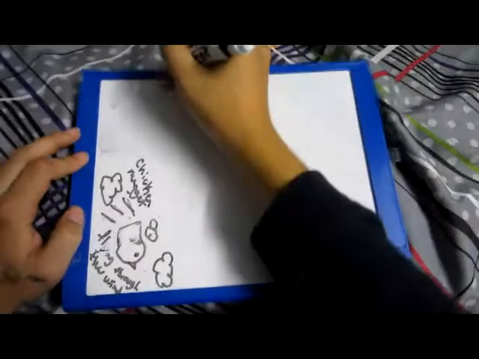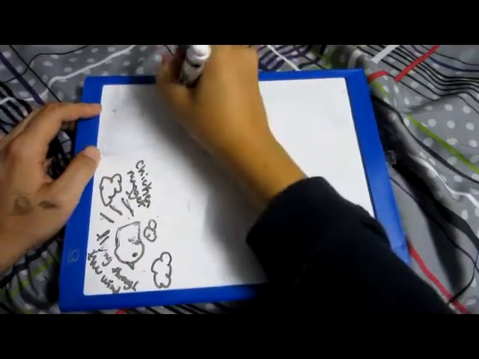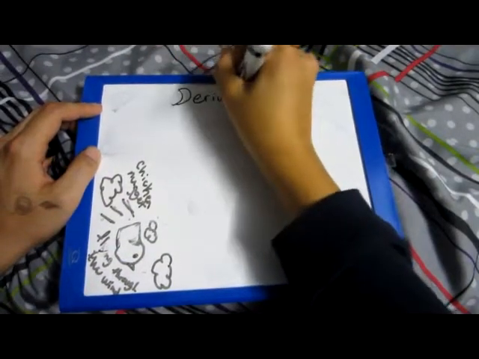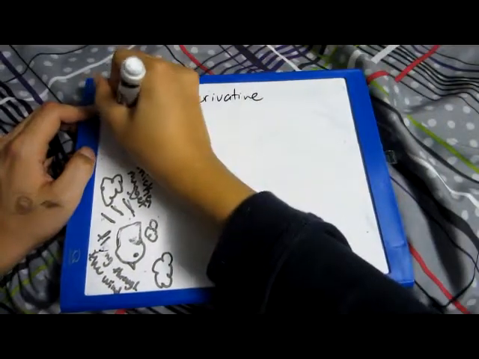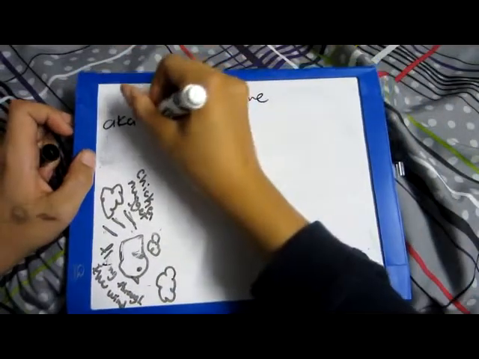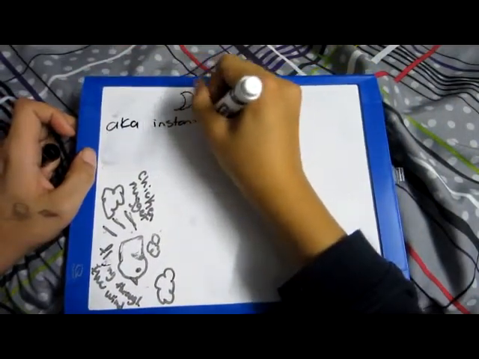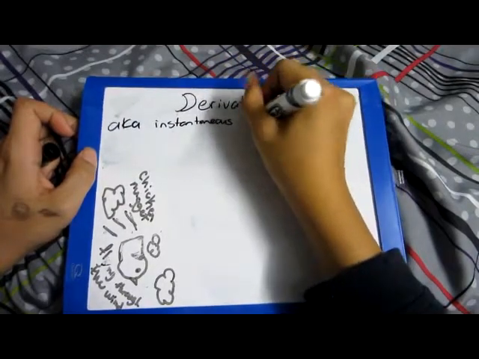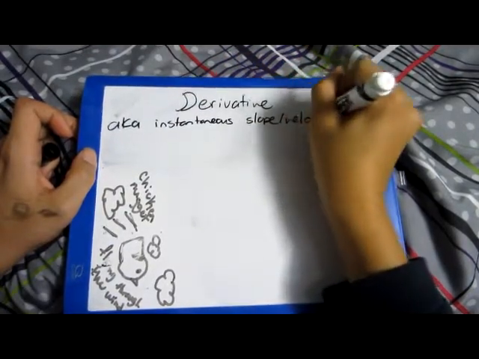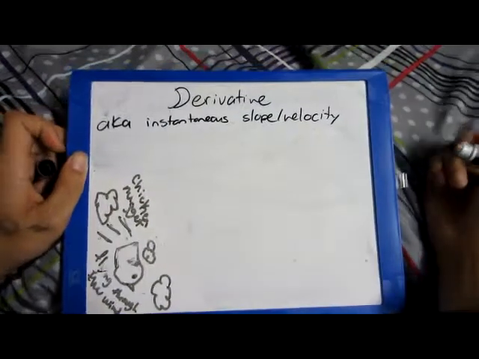Alright, now we're going to try to find a derivative of an equation given an x value. So derivative is basically instantaneous slope, or instantaneous velocity, whatever we can say, at a certain point in x.